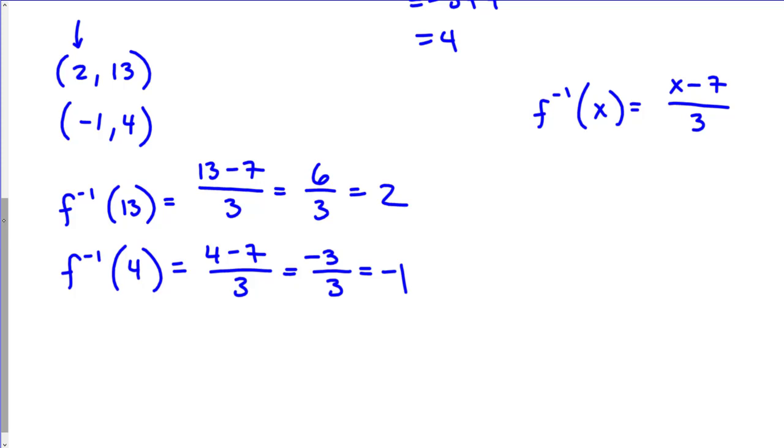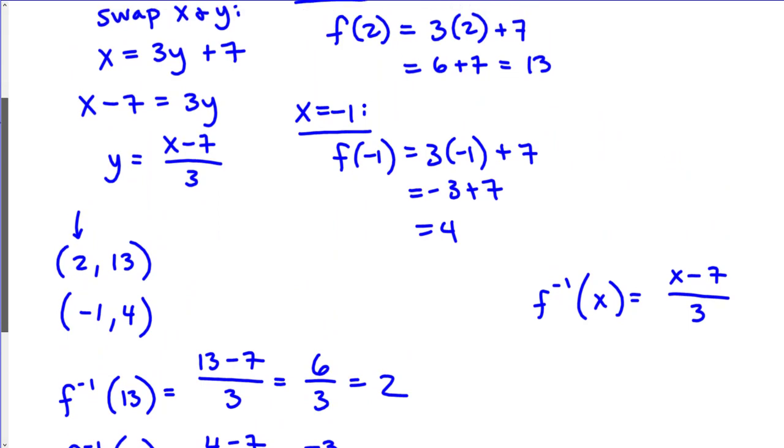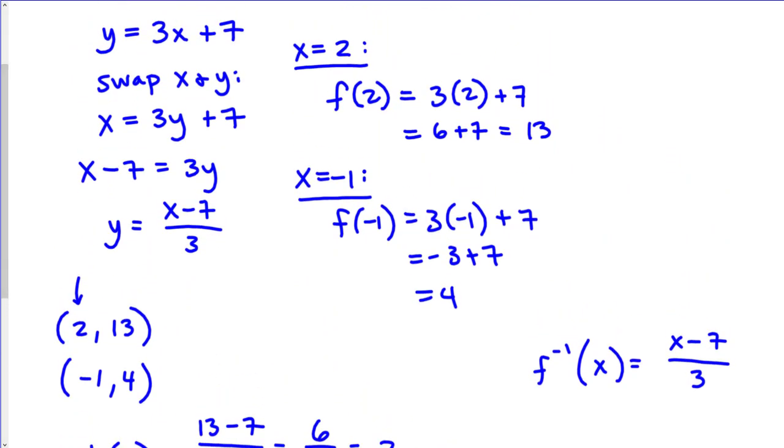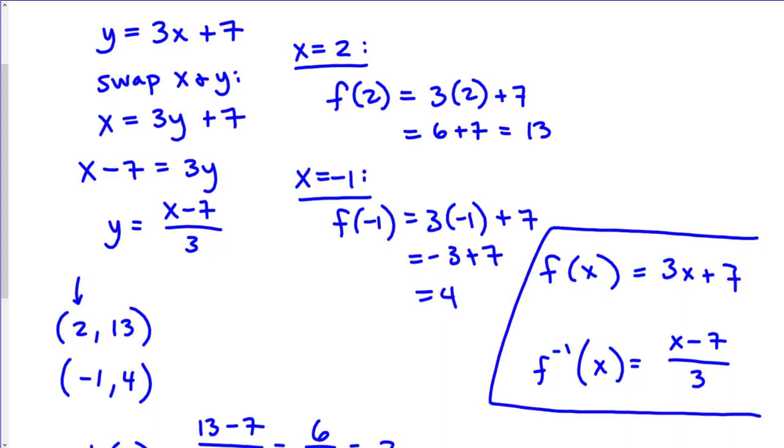So let me compare the inverse to the original function. So f inverse was this, f of x, 3x plus 7. So I'm looking at just this part right now. Anytime I put an x value in for f, the first thing that I do is multiply by 3 and then add 7 to it.